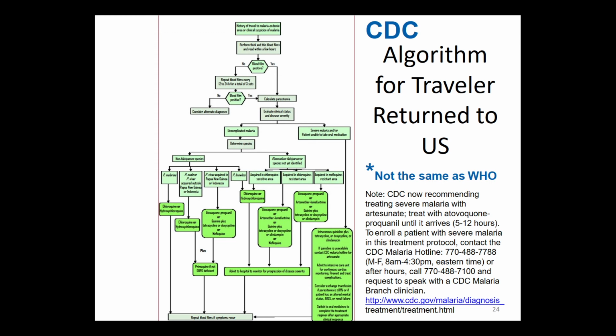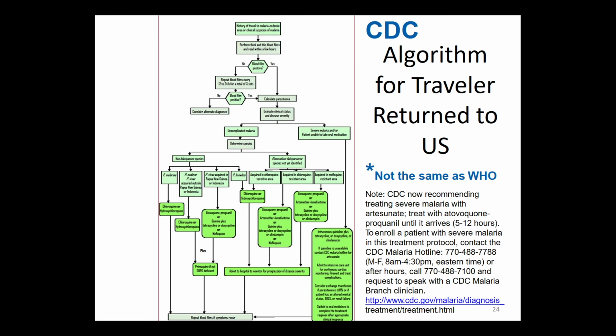If it is acquired in a chloroquine-resistant area, you give atovaquone-proguanil or artemether-lumefantrine or quinine plus tetracycline or doxycycline or clindamycin or mefloquine, plus admission to the hospital. If it is acquired in a mefloquine-resistant area, again admission to the hospital, plus atovaquone-proguanil, artemether-lumefantrine, well, it's the same, but except mefloquine.